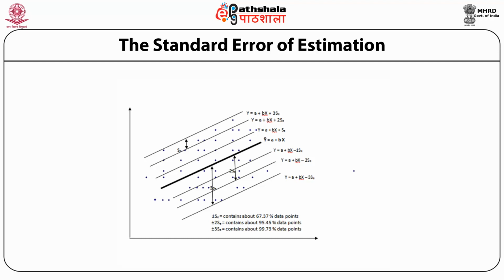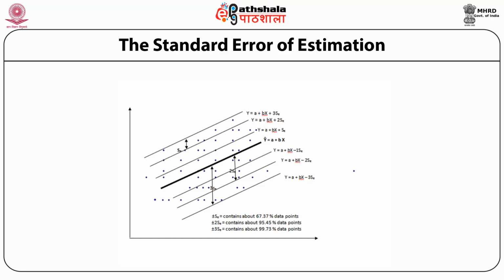The first interval range is y is equal to a plus bx plus minus 1 standard error. The second range corresponds to plus minus 2 standard error. The third range corresponds to 3 standard error.